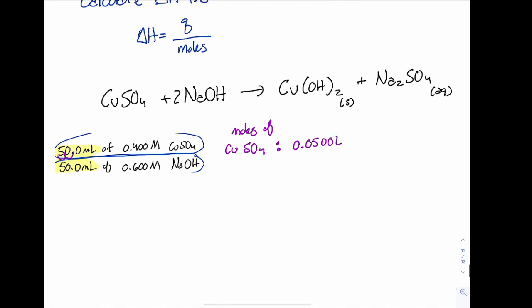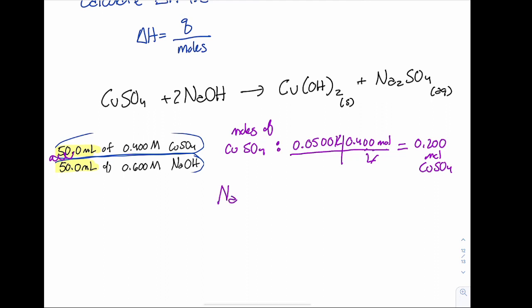I'm just moving my decimal place over 3 places. If I multiply that by my molarity, 0.400 moles per liter, liters will cancel, and I'll be left with the number of moles. So when I do that, I end up with 0.200 moles of copper 2 sulfate.